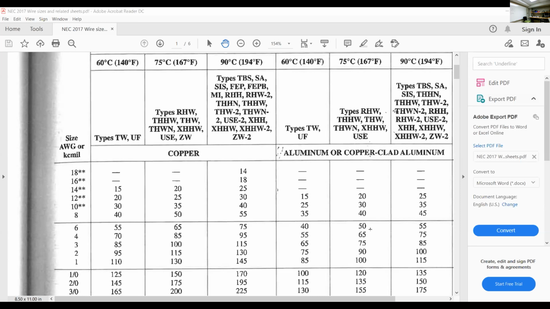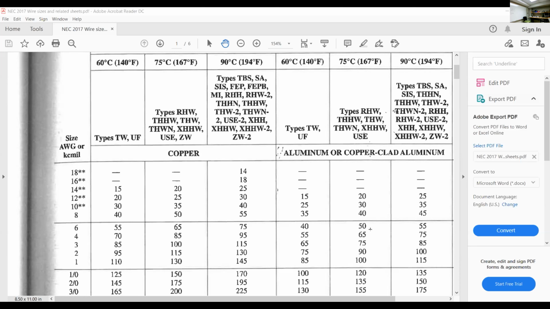Let's see in your case, if that pressure washer, if the terminals on it or the terminals on the breaker. Breakers also have temperature ratings. Let's say it's a circuit breaker that you tied to a feed for a receptacle. If that circuit breaker's terminals were rated for 75 C, then you couldn't use this column.